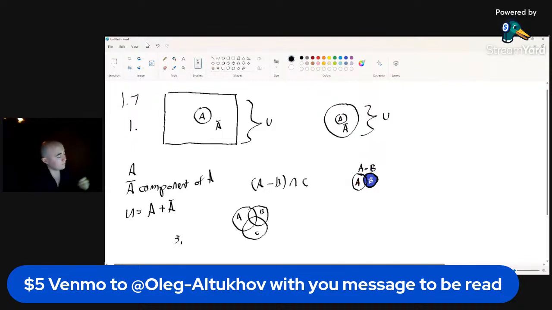So now we're going to say what an intersection looks like. Let's just do an intersection with A and C. Okay, so when they have an intersection, this is union, this is intersection. In this case, this is where they intersect.